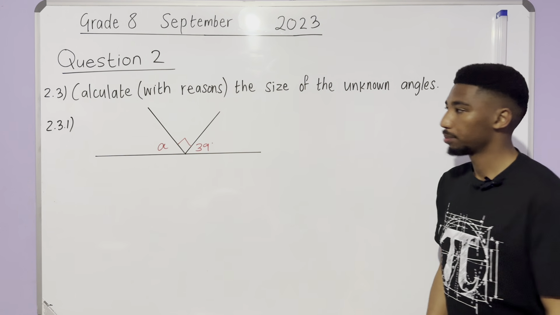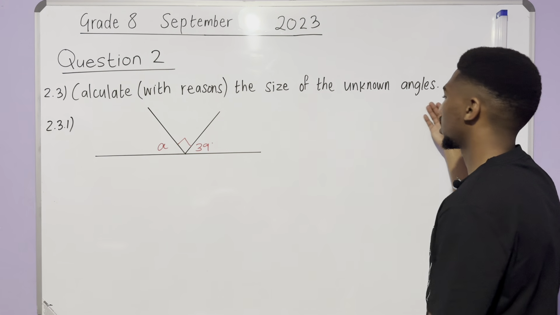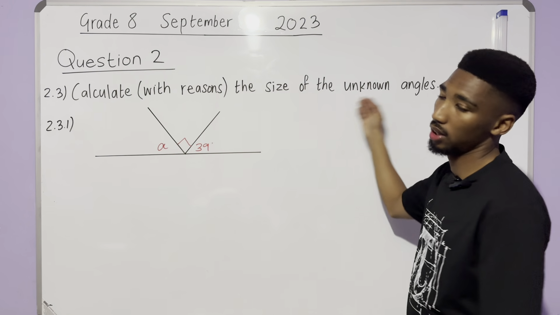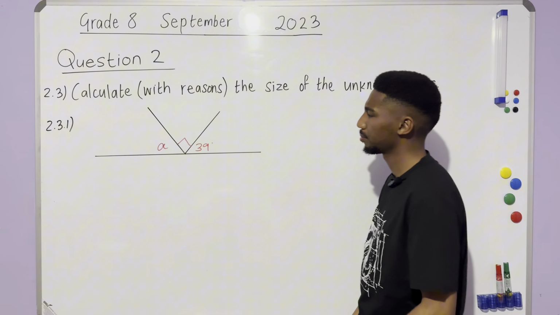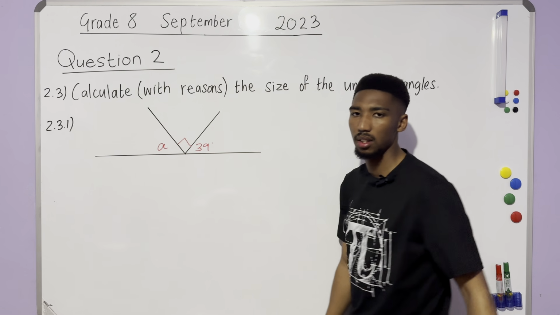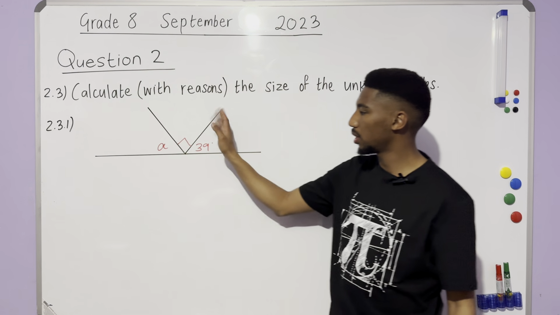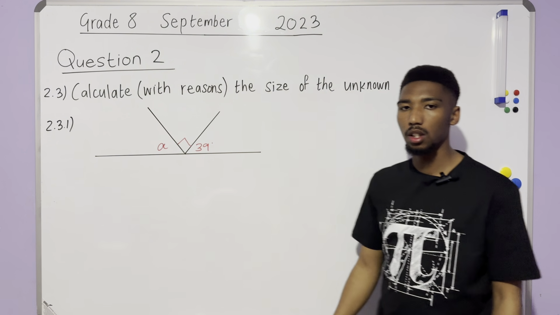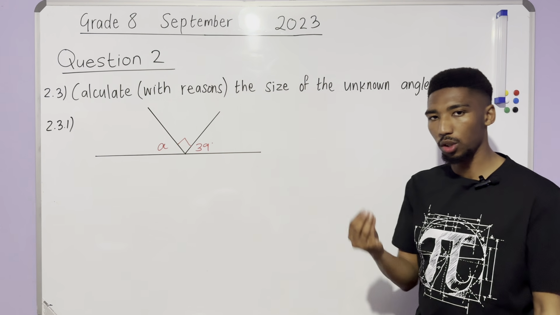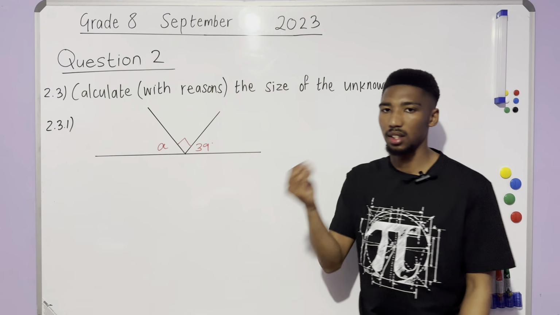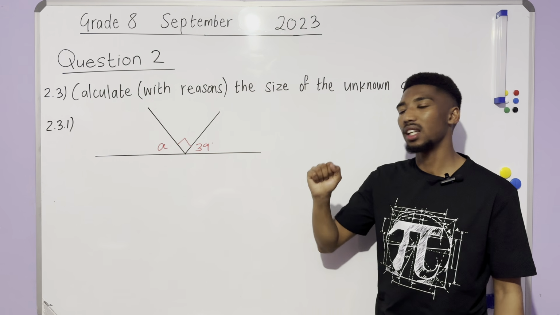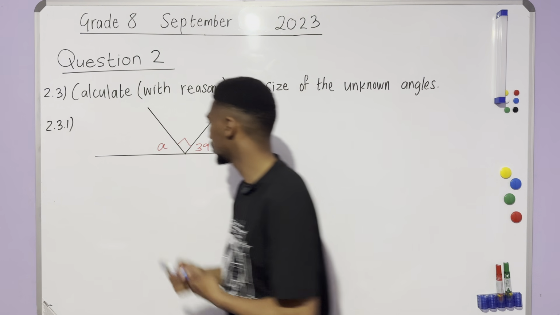For the next question, we have calculate with reasons the size of the unknown angles. The first unknown angle is angle A over there. We can see that that's a straight line and it has been split up into 3 different angles. So to find that, we know the property of a straight line is that adding all the angles in a straight line equals to 180.